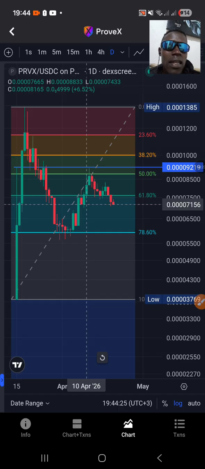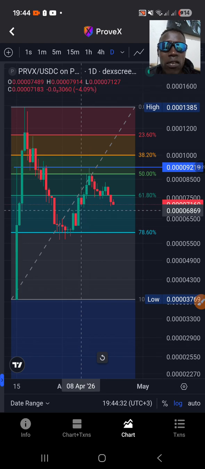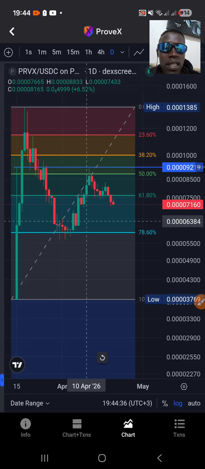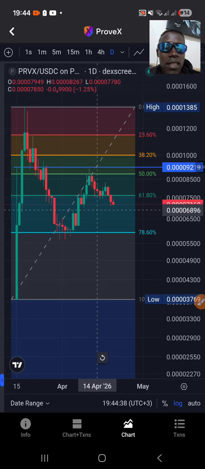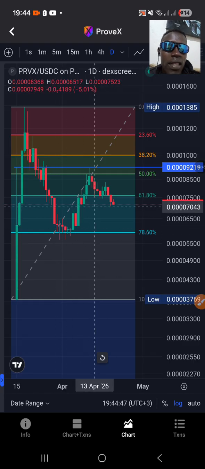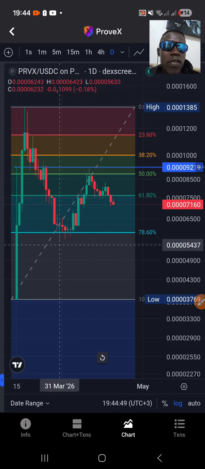Many companies are still attaching themselves and using it. We are in the very early stages of this asset. Remember, it was launched in March 2026, and we are in April right now, so we are waiting to see how this price is going to perform this month.